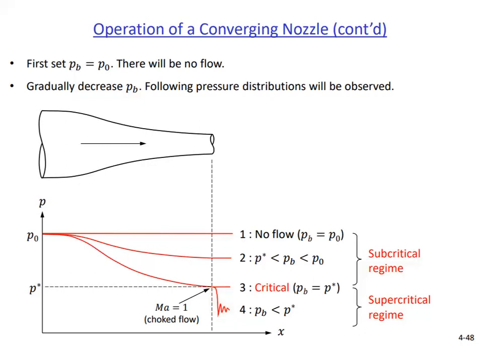Critical pressure P star is a defining pressure value here. The nozzle is said to be operating at its critical state when the back pressure is equal to the critical pressure. Cases with back pressure higher than the critical pressure are called subcritical, and those with back pressure lower than the critical pressure are called supercritical.